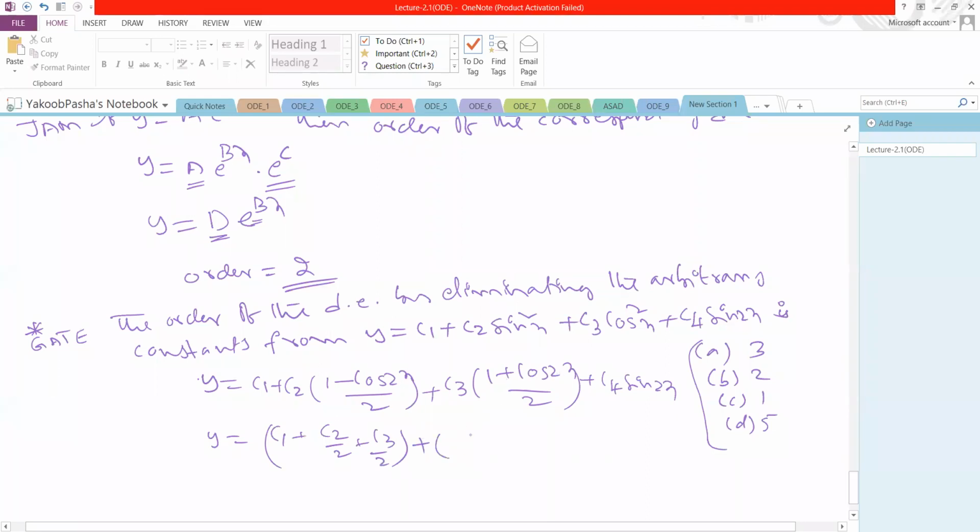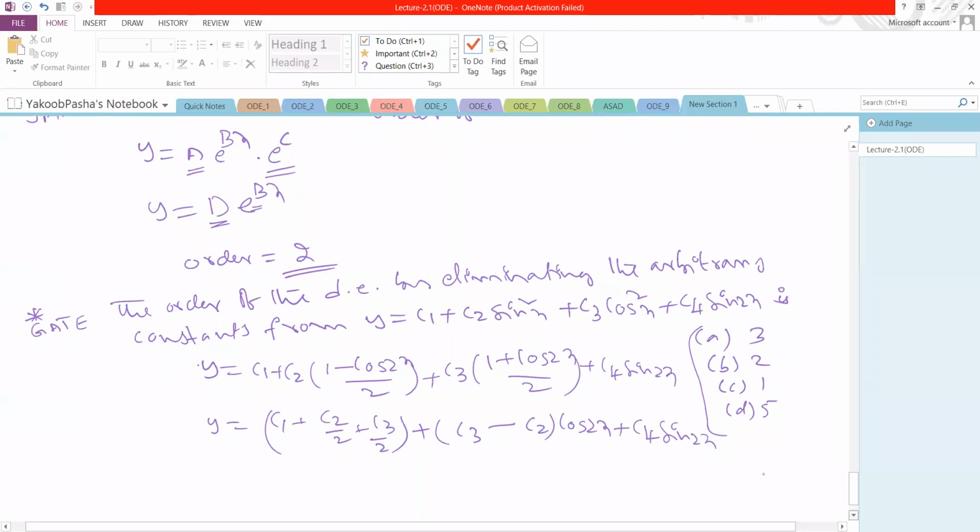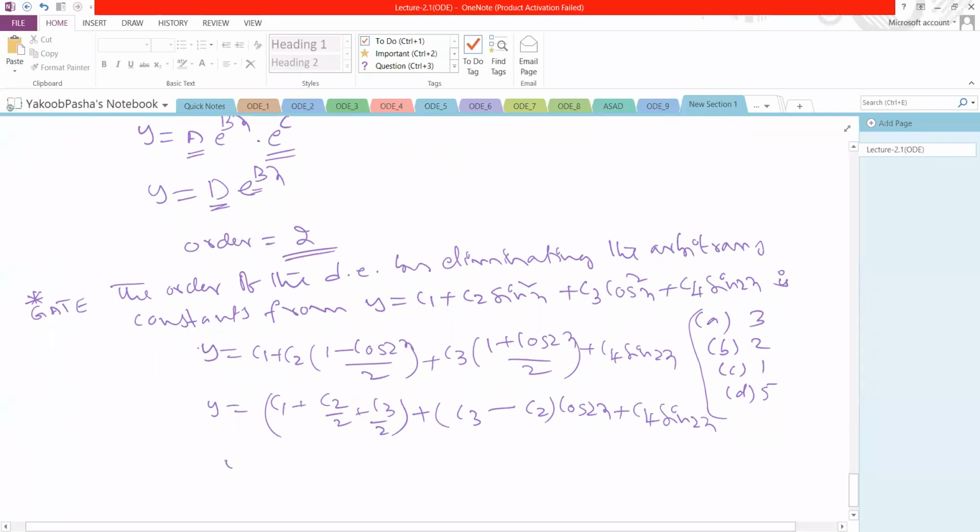Here we have c3 minus c2 as the cos 2x coefficient, and c4 is the sin 2x coefficient. So y is equal to a single arbitrary constant, call it A, plus another arbitrary constant B times cos 2x, plus another arbitrary constant C times sin 2x.